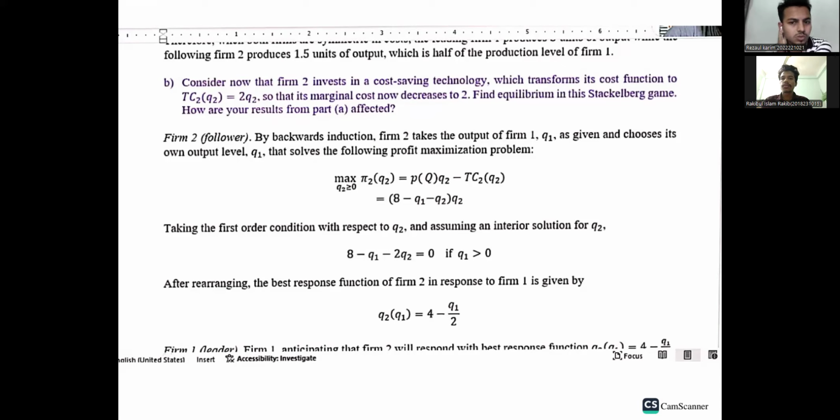Okay, the solution in problem B. First of all, we find the profit maximization of farm 2, which is the follower.